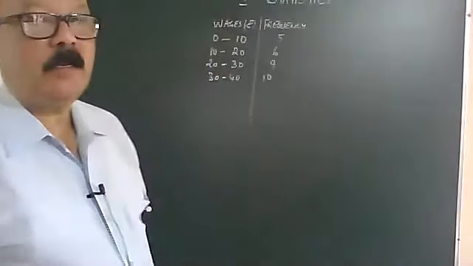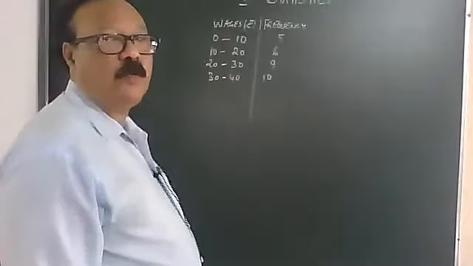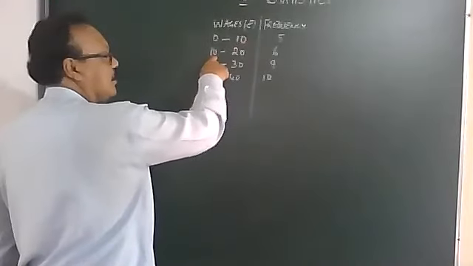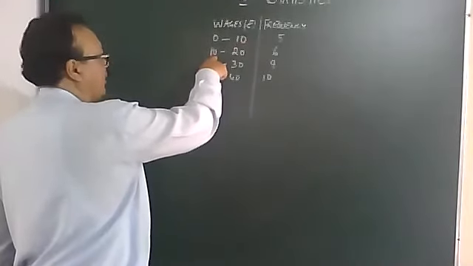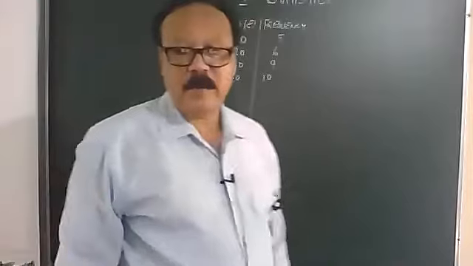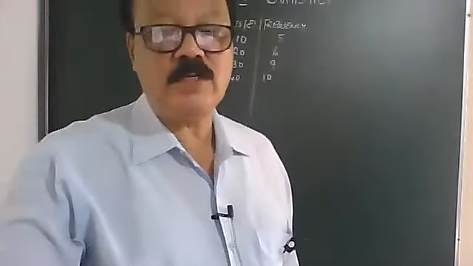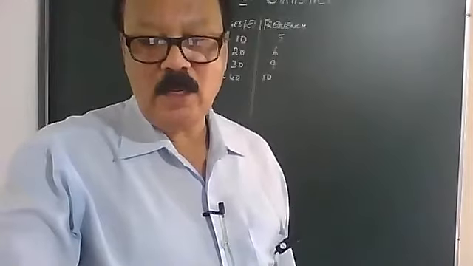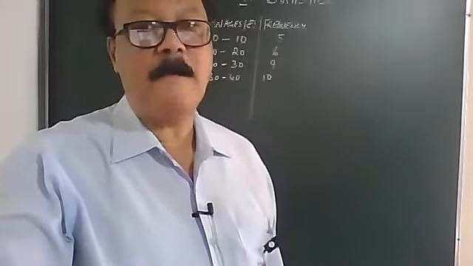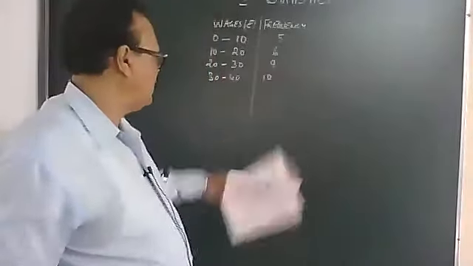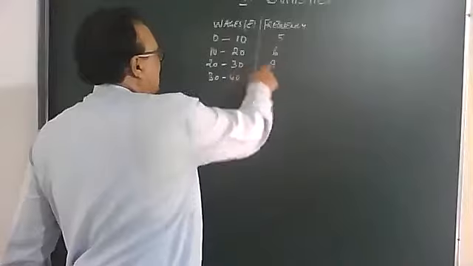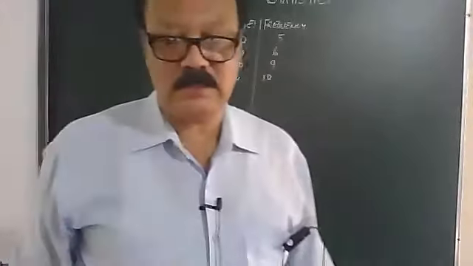So children, in an exclusive series, when 10 is to be placed in a tally bar, it will not be placed here, but in the next class interval. Similarly, 20 will be in this, 30 will be over here, and so on. These are observations with magnitudes greater than or equal to the lower limit, but less than the upper limit. Up to 9 will be in this class, 10 will come here, up to 19 in this class, up to 29 in this class, up to 39 in this class.